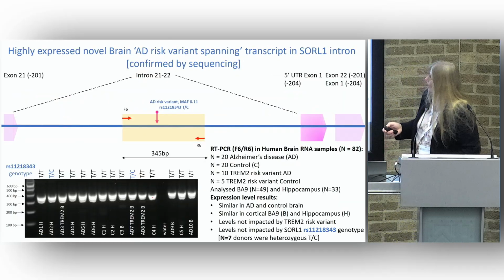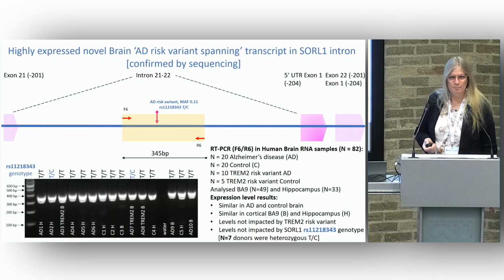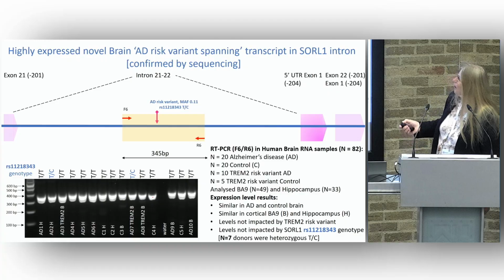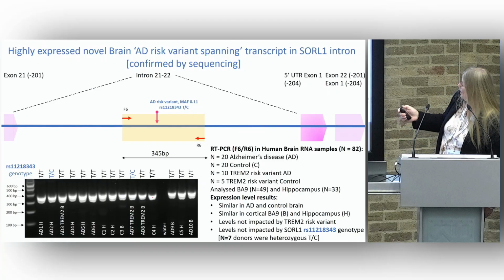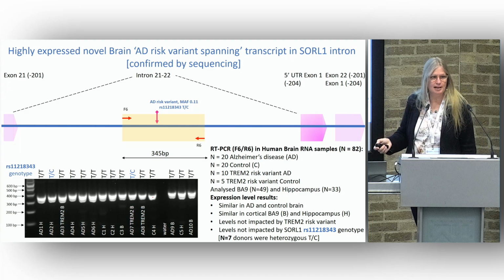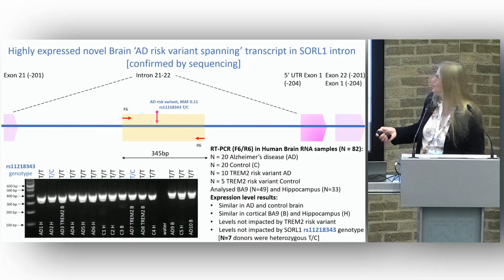We also, in the course of genotyping our brain donors for the SORL1 AD risk variant, which is actually a protective variant, made a product from both RNA and DNA, and we sequenced it to establish the genotypes of the people.